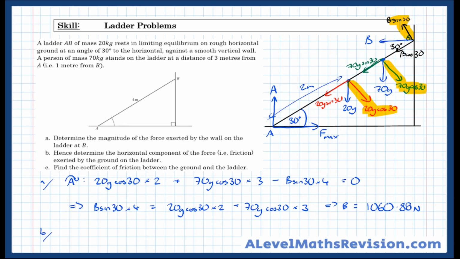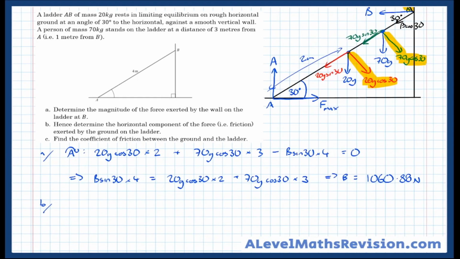So part B, hence determine the horizontal component of the force, i.e. friction, exerted by the ground on the ladder.